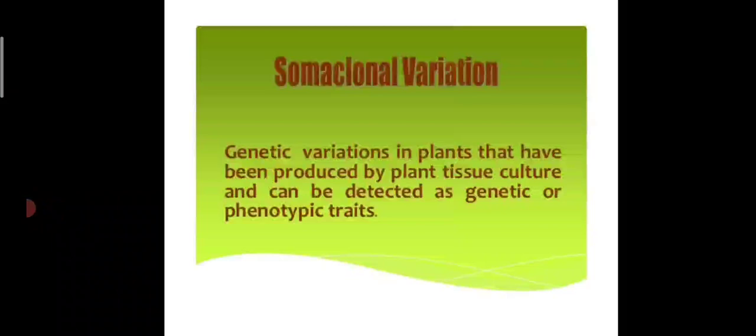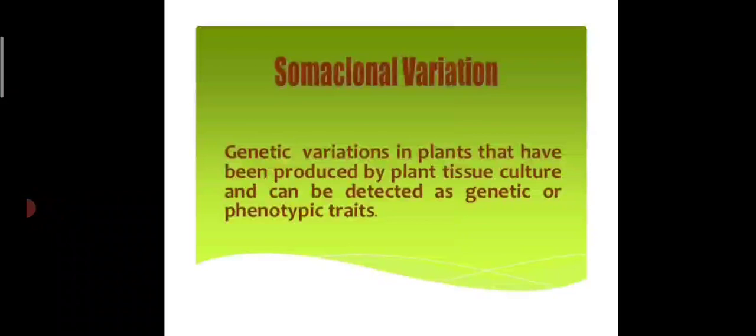Any cultured cells or any regenerated plants from a totipotent somatic cell are called somaclones. So somaclonal variations are the genetic variations appearing in somaclones. That is, it is the genetic variations in the plants that we have produced by tissue culture methods.